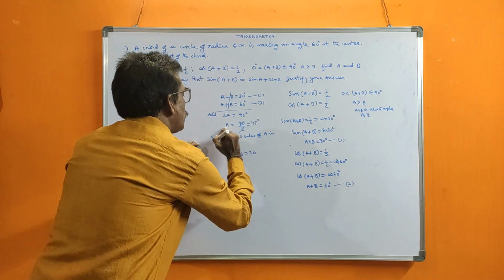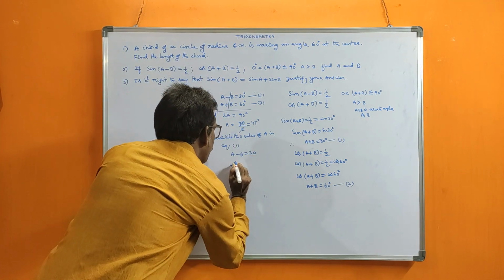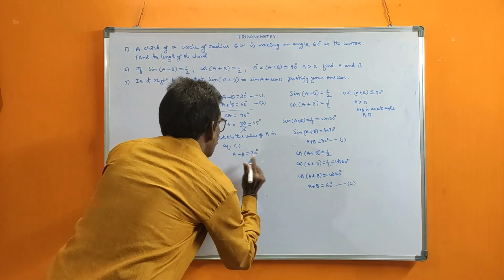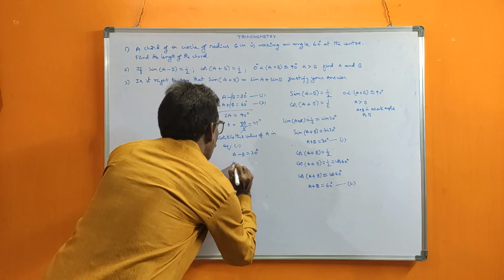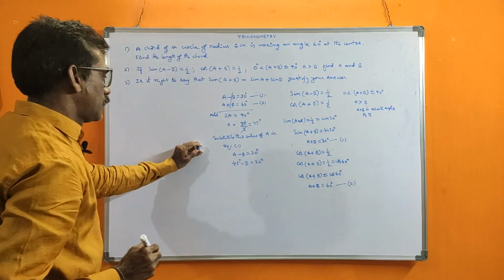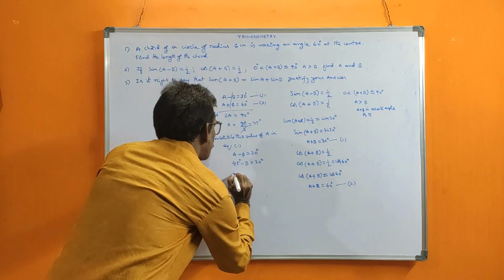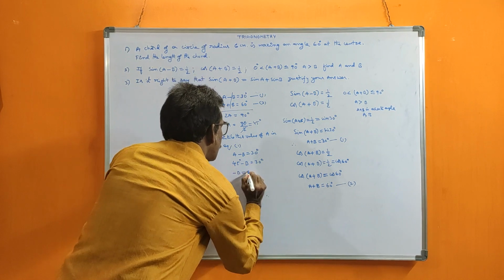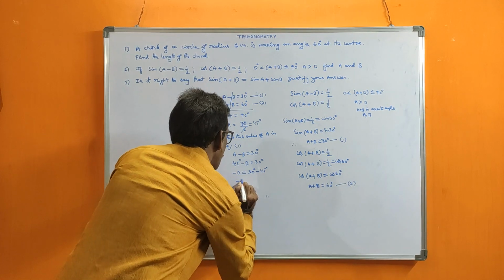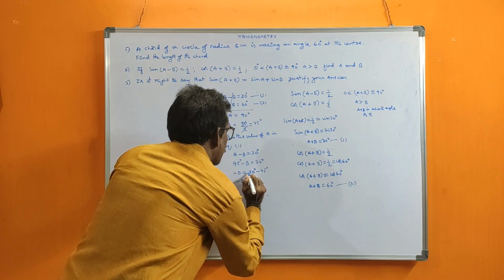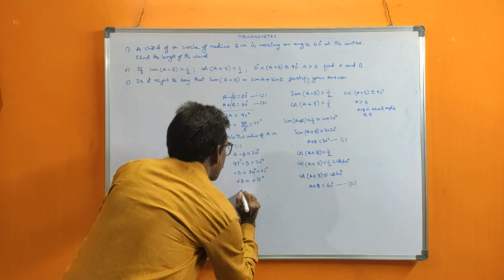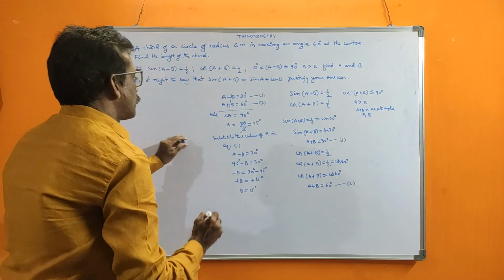Substituting the A value, 45 degrees minus B is equal to 30 degrees. So minus B is equal to 30 minus 45, moving 45 degrees to the other side. Minus B is equal to minus 15. Minus cancels, so B is equal to 15 degrees.